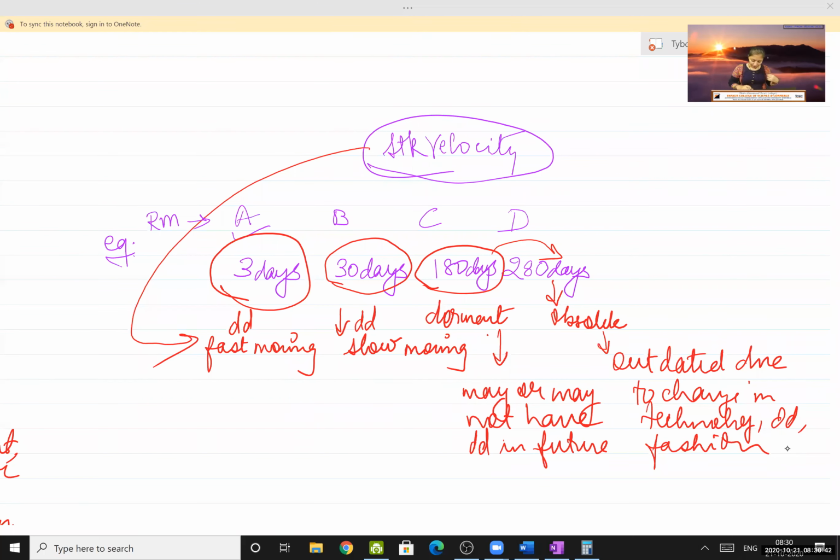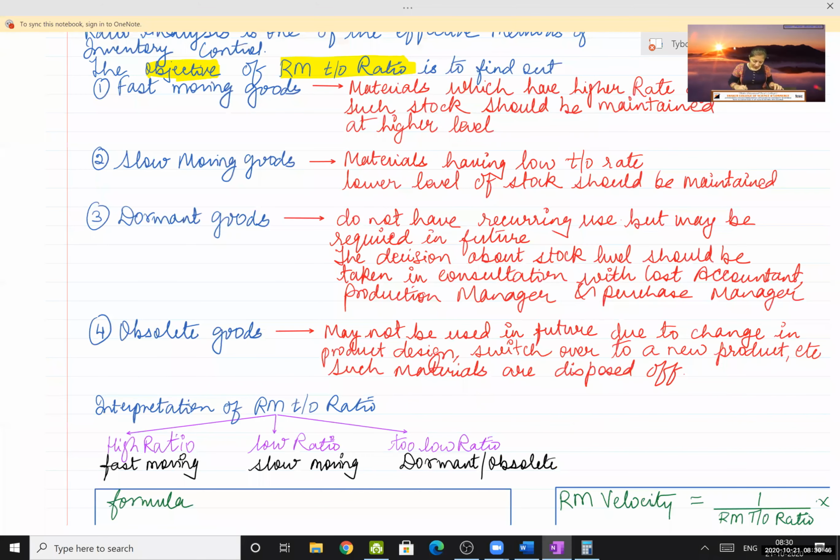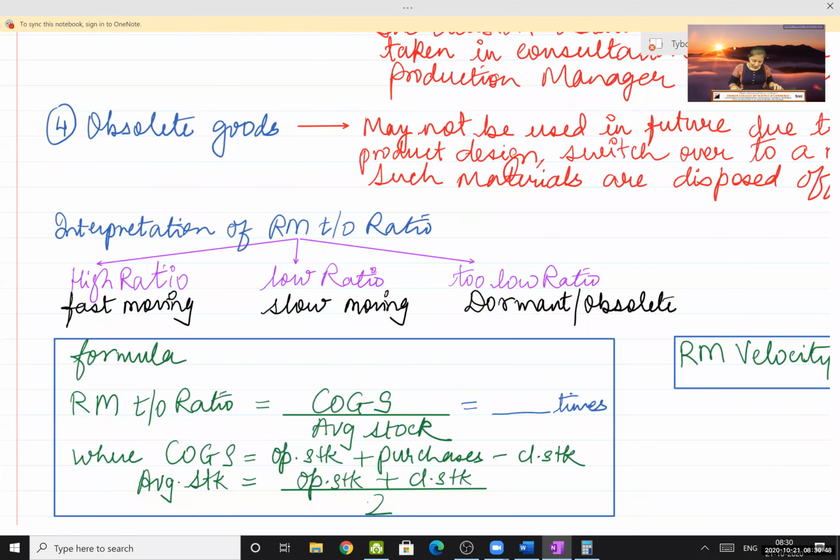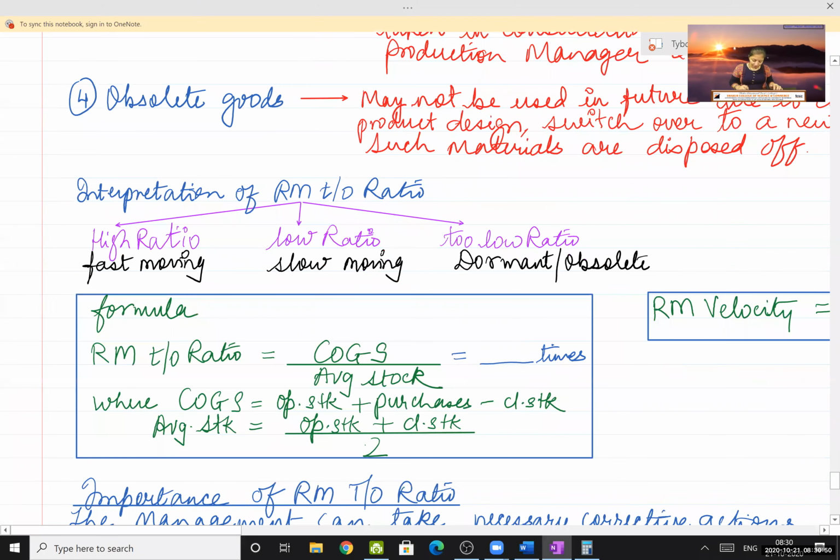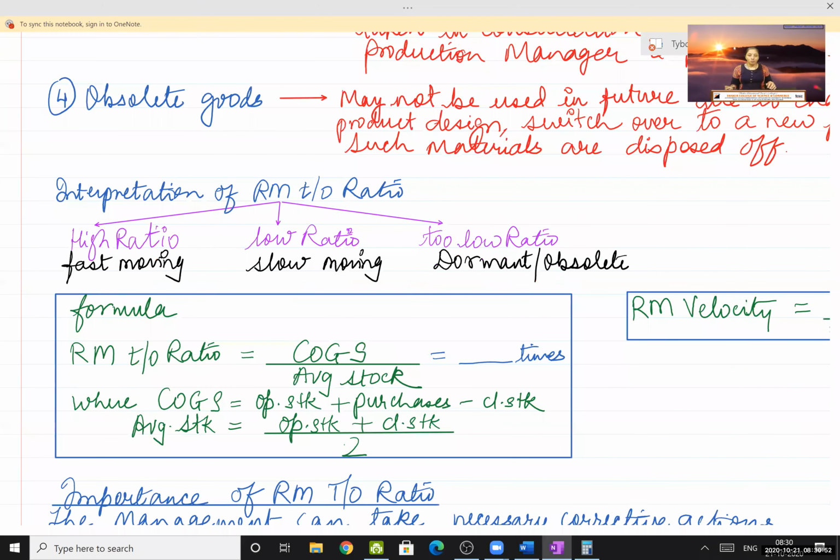Next, I write this. Interpretation of raw material turnover ratio. A high ratio is fast moving, a low ratio is slow moving, and too low ratio means dormant or obsolete.